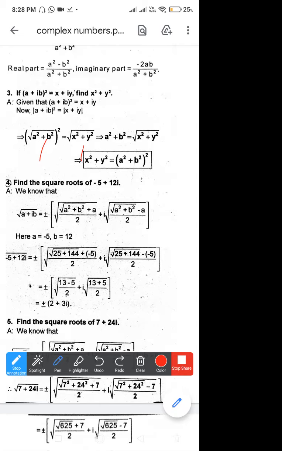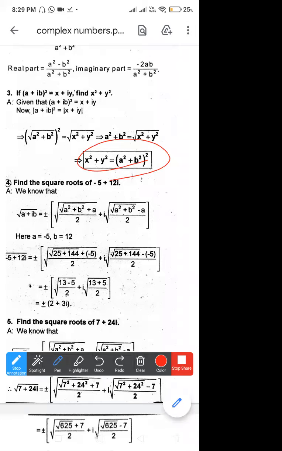Now square on both sides, and this square and this root will get cancelled out. What is left? a square plus b square is equal to root of x square plus y square. Now square on both sides and you will get the value as x square plus y square is equal to a square plus b whole square.